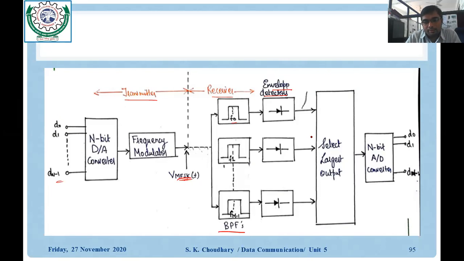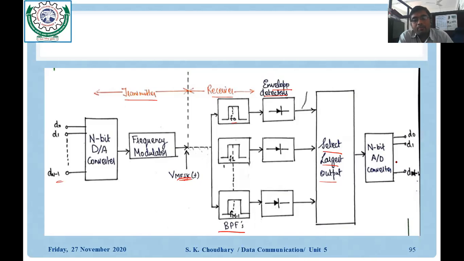That largest output is selected and transmitted to the n-bit analog to digital converter. Then again this analog signal is reconverted into the n bits of digital data string D0 to Dn-1.